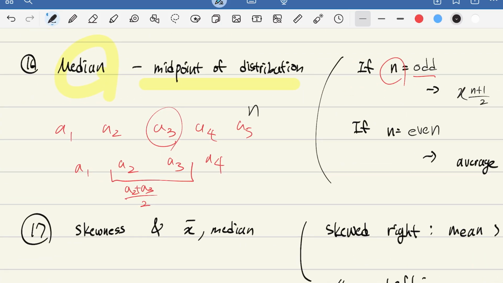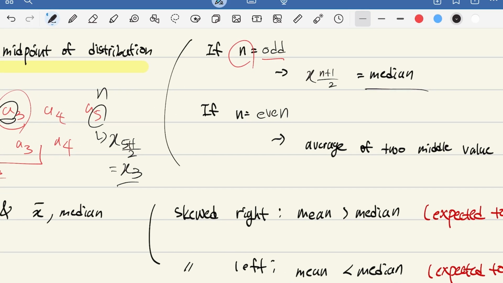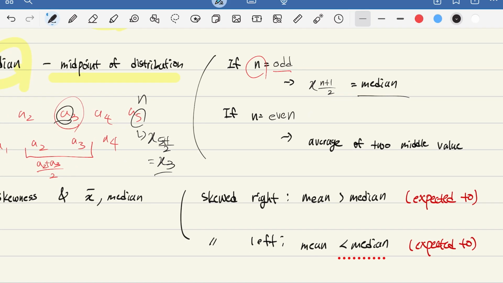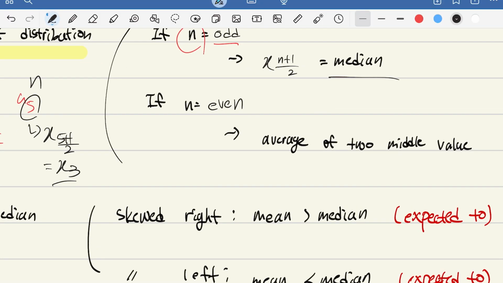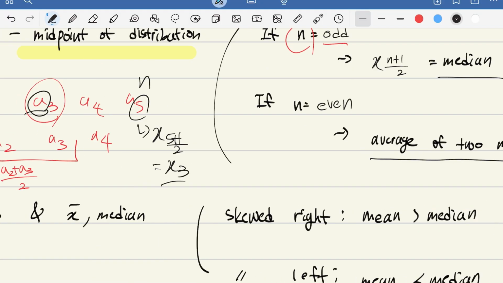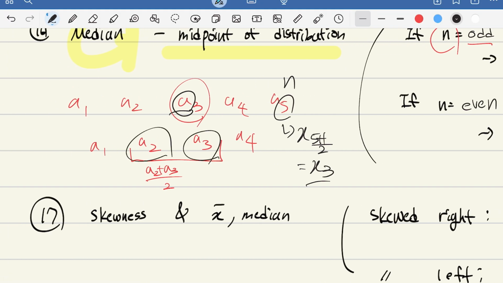For example, they have 5 numbers over here, so x of (5 plus 1) over 2 equals x3. In this part they're represented as a, but I'm making it general, so I'm representing it as x. And when n is even, it's simply the average of the two middle values, which would be a2 and a3.